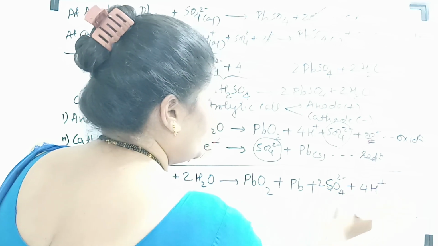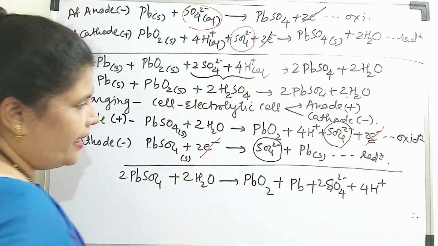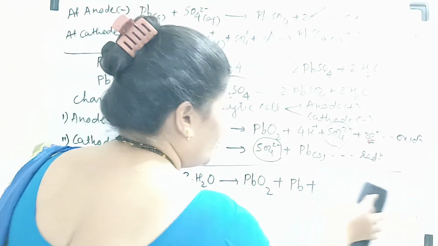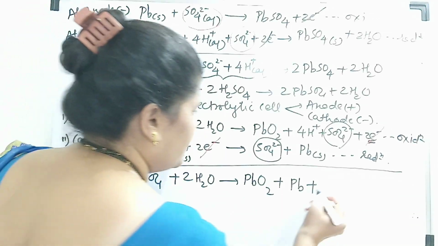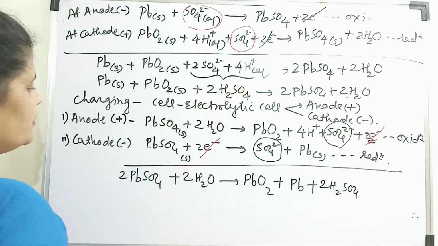As I told you, this will combine and give me H2SO4. So what I will get here after combining this is 2 moles of H2SO4. Now what you see, this is your charging reaction.